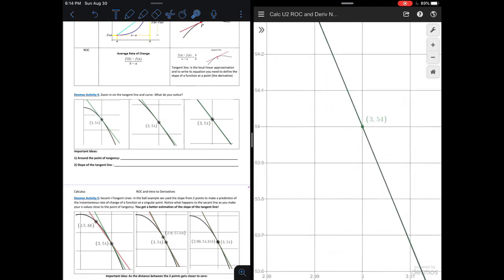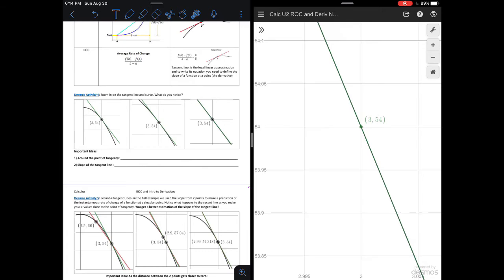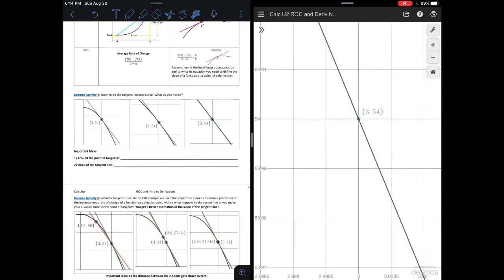In fact, if I zoom in a tremendous amount in a very tiny window, you can't tell the difference between the two. And so around the point of tangency, the tangent line and the function are going to produce very similar y values, and they're going to have the same slopes.